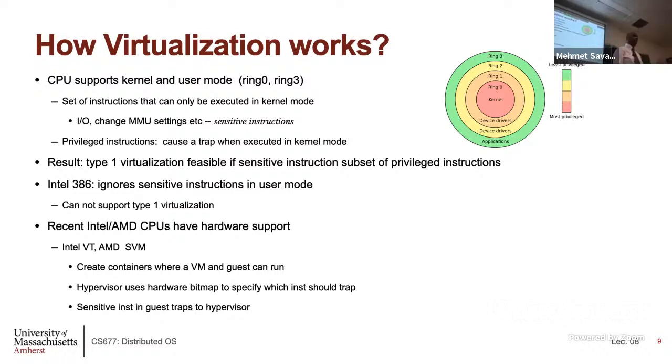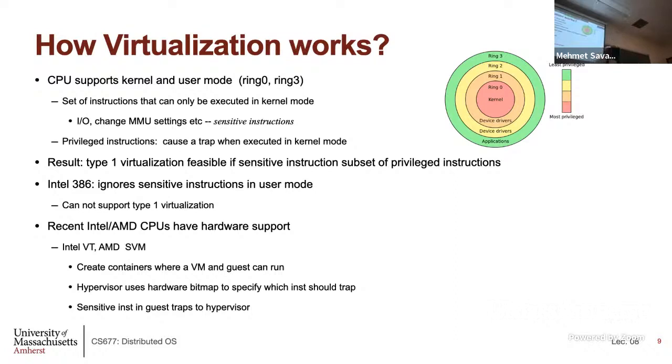Okay? That's the result, and I'm going to explain why this is actually a result. Okay? So first, is that clear what I said here? So type 1 virtualization is only feasible on hardware or on processors where sensitive instructions are a subset of the privileged instructions. That's the result.